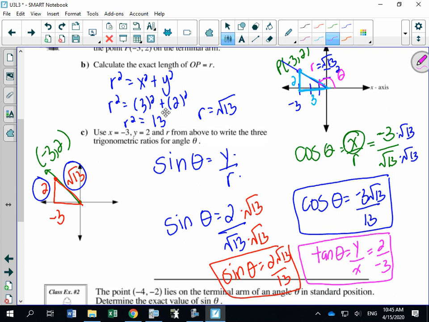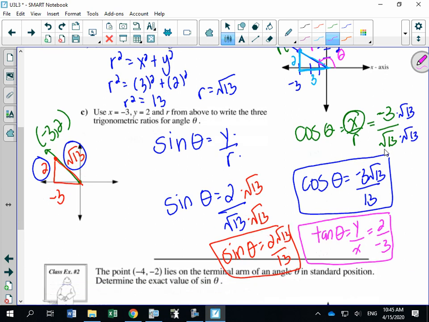Now, I always want students to check that you're correct, and how you're going to check is the CAST rule. According to the CAST rule, in which quadrant was my terminal arm? We're in quadrant 2. In quadrant 2, what is the only trig ratio that's positive?